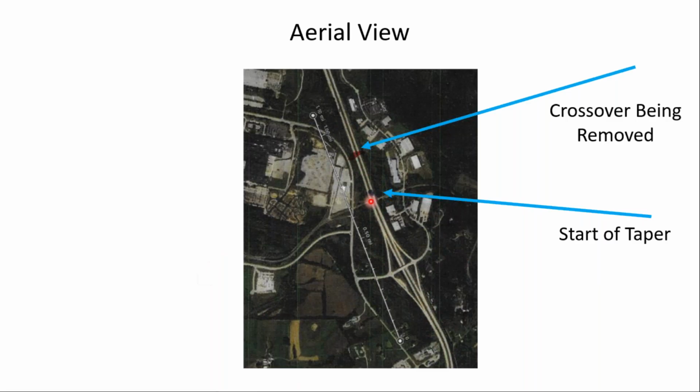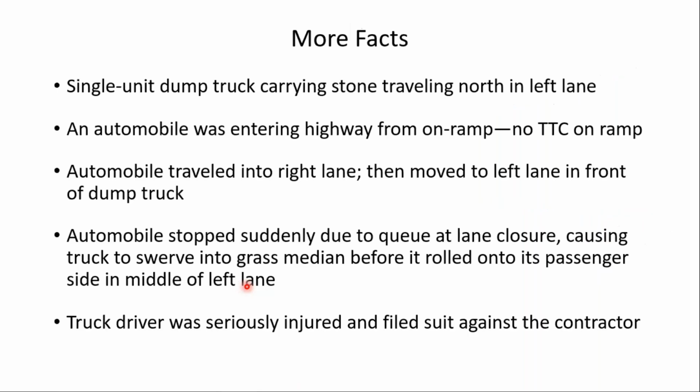And you can see where the taper started, and notice where the on-ramp is, because a vehicle coming from the ramp onto the freeway might be said to have precipitated this whole sequence of events. On the main highway was a single unit dump truck carrying stone, headed north toward the top of that image in the left lane, and an automobile was entering the highway from that on-ramp.